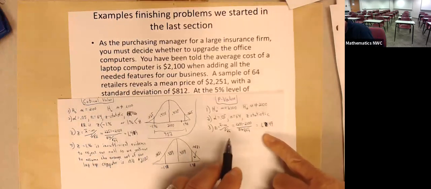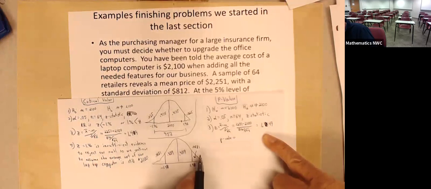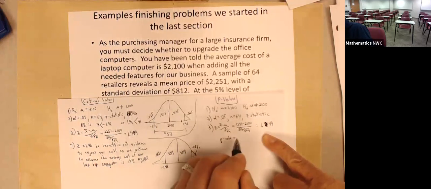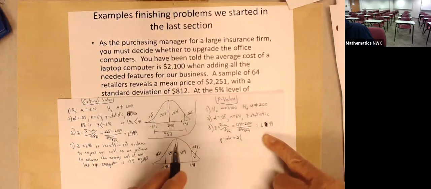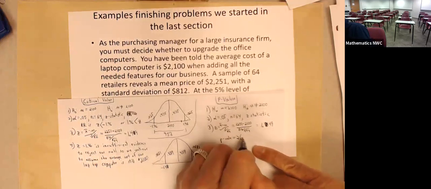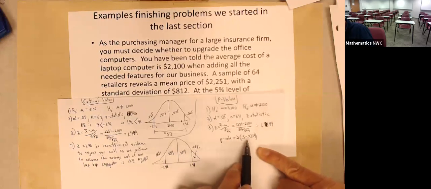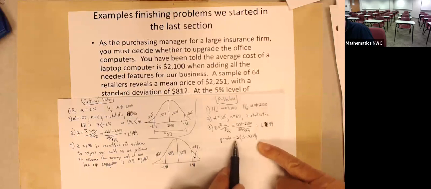So how do I write that over here? I say the following. P-value, it's going to be 2 of these. So I'm going to put a 2 here. Each one of those is 0.5 minus 4319. So I would take the 0.5 minus 4319, subtract it from 0.5, and double it.